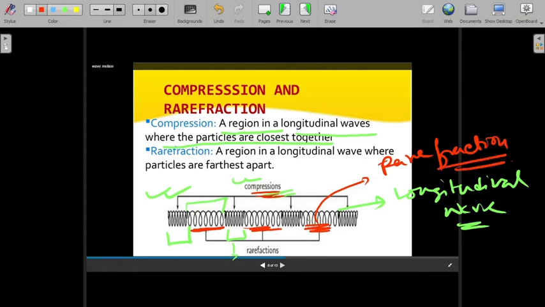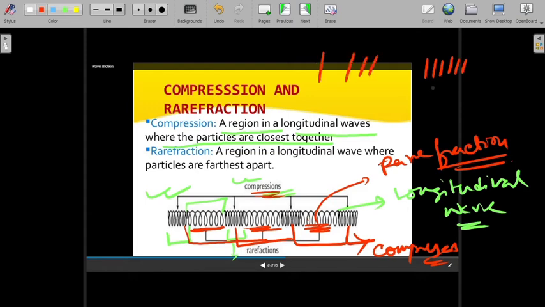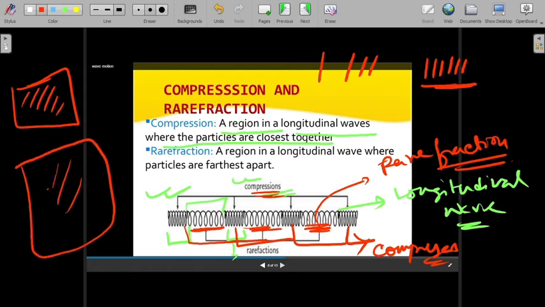These positions are called the compression because you can see they are compressed when some particles are like this and some particles are like this. It is like when the gas in a bowl is compressed into a small region, it is compressed.